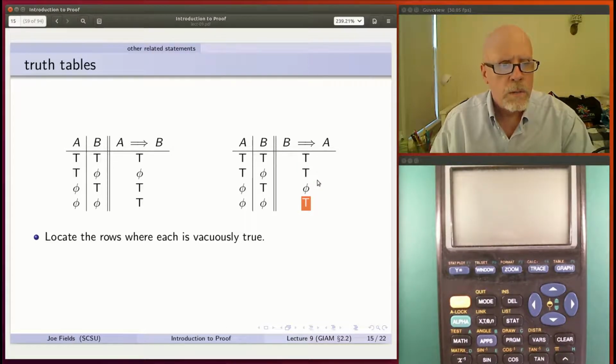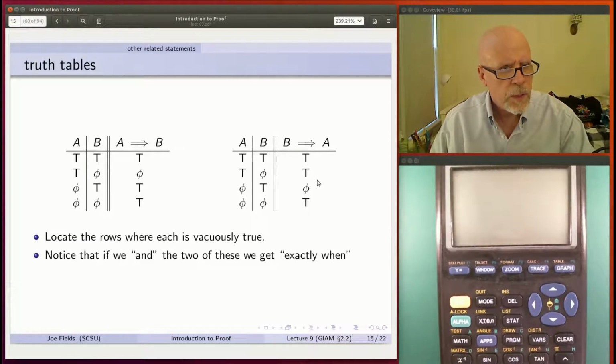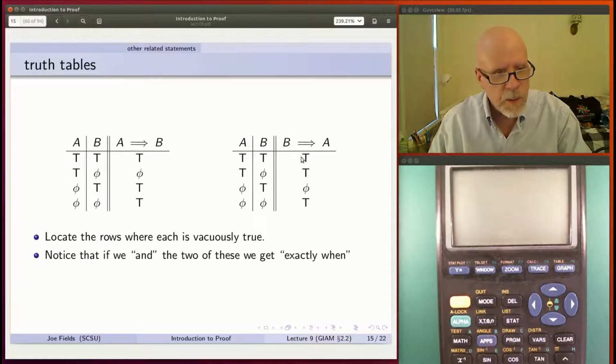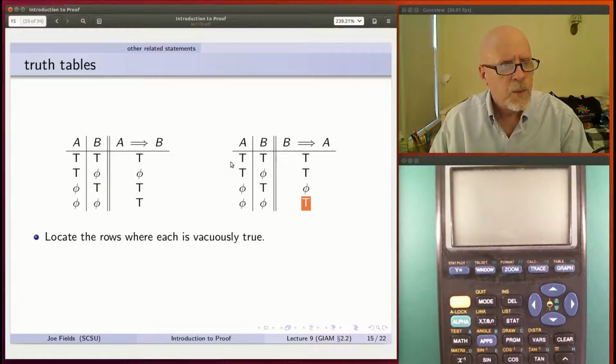Where is it true for a good solid reason? Oh well, I've gone and advanced the slide too quickly. It's true for what I consider the right reason in the top row, just like the other one is. Both A and B are true. So if you think of this as B's truth forcing A's truth, then B's true and A's true, and the force seems to be justified.